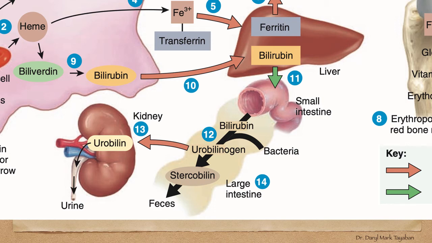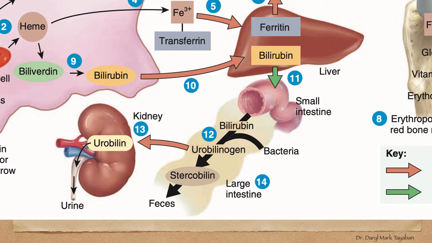When the iron is removed from the heme, the non-iron portion of the heme is converted into biliverdin. It is actually a green pigment. When you say pigment, it's colored. And then it is converted into bilirubin. I hope you're familiar with that. The bilirubin is a yellow-orange pigment.